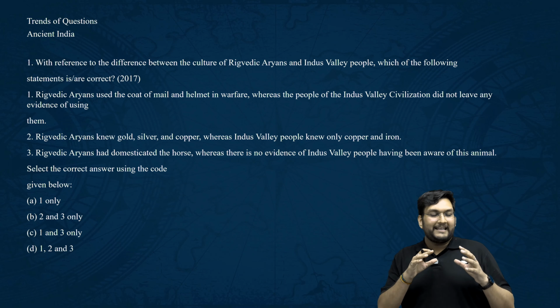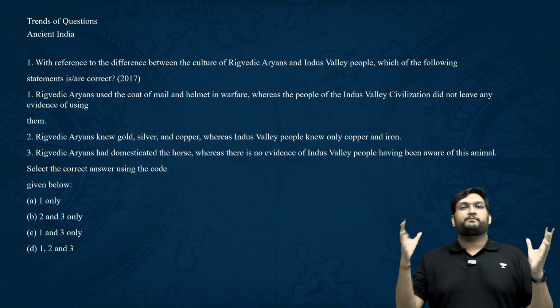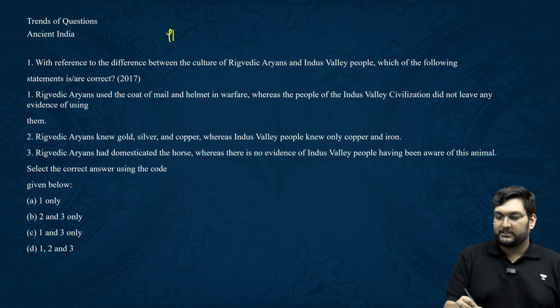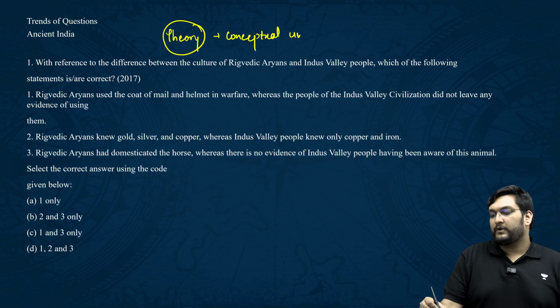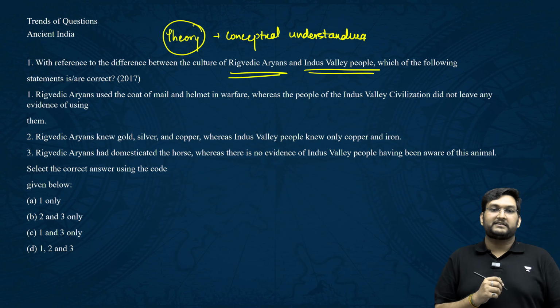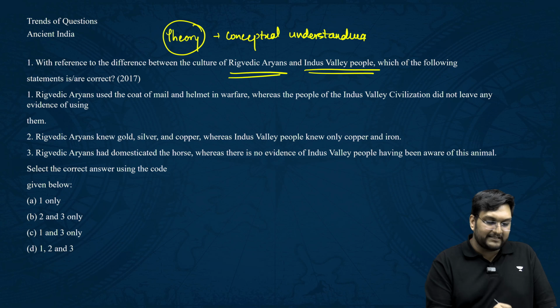So, in ancient, we have both spectrums of questions. For example, this is called a theory-based question based on conceptual understanding. And this question basically needs a very good understanding of the Rigvedic period and the Indus Valley civilization and the different characteristics related to it.